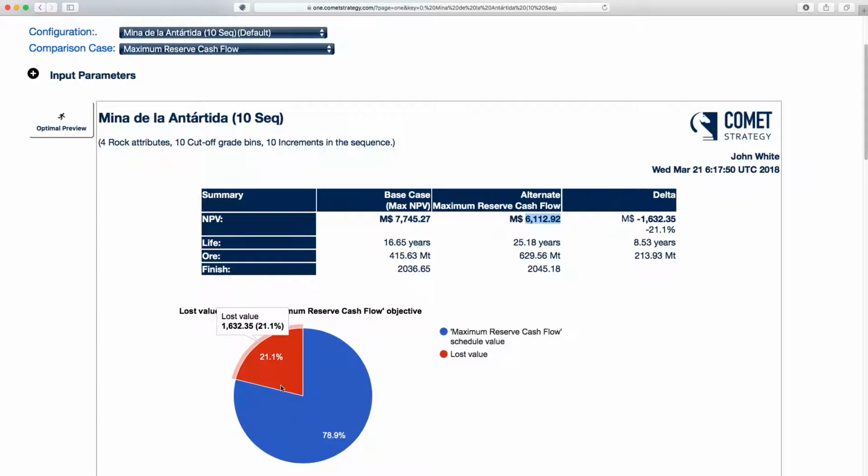You can't just say that it's going to be 21% for every project. But it does give you an idea of just how significant this is. And if you were using an objective of increasing your reserves, it would be worth considering whether maximising the net present value would give you a significant boost to your value of the project.